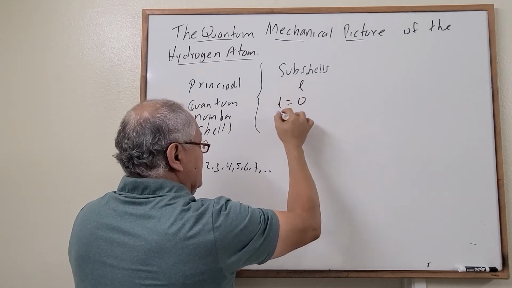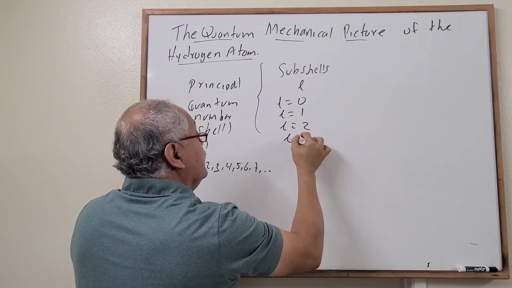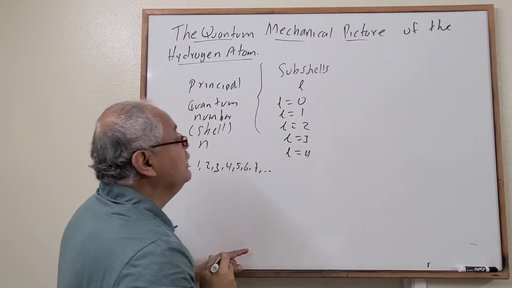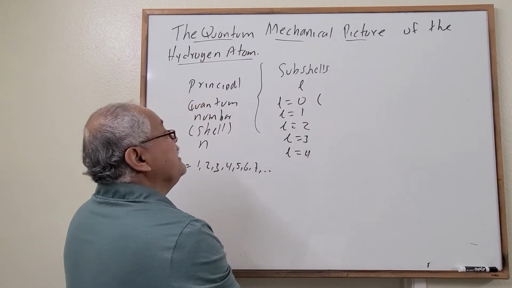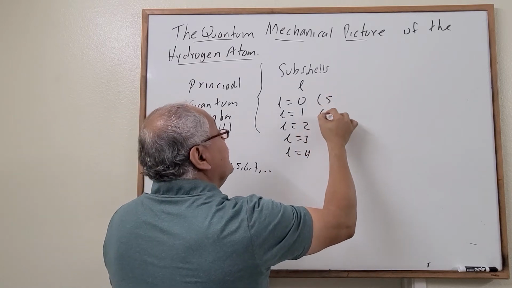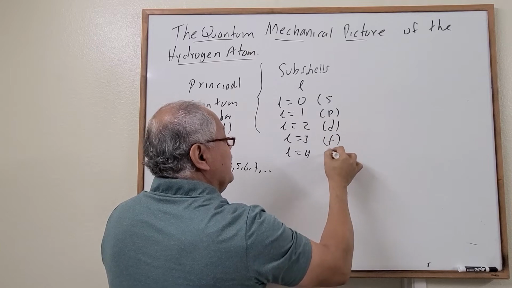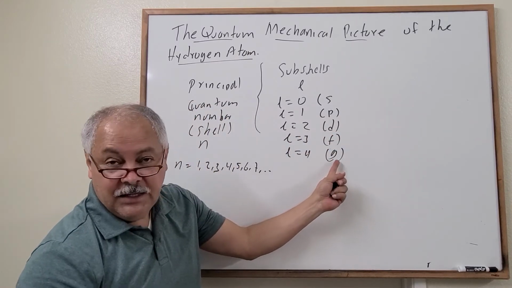L equals 0, 1, 2, 3, the maximum is 3. Also, we can go to 4, correct? And these are the letters representing these orbitals. This is S, P, D, F, and we can use G. We can use more, like H, I, and so on.